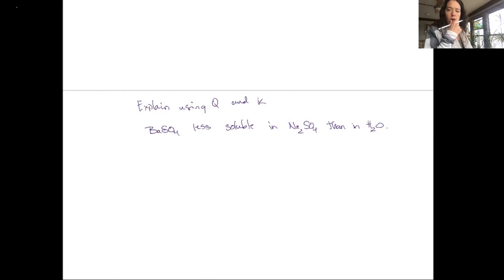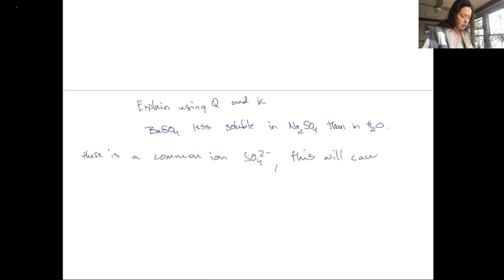First of all, there is a presence of the common ion. And that common ion will be sulfate. And this will cause, right, we need Q and K, this will cause Q to be greater than K, right?